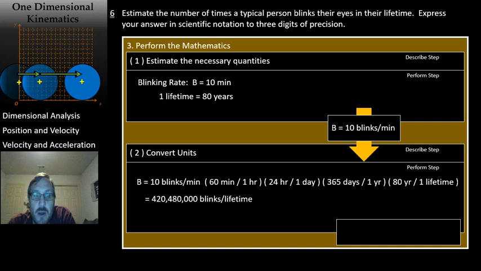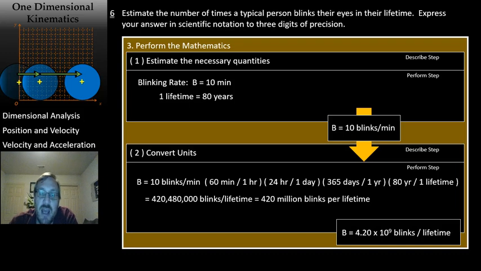Put that all together and we get some really large number of blinks per lifetime, 420 million blinks in your lifetime. You're going to spend a lot of time blinking in your life. And finally, you want to convert that into scientific notation. It should be 10 to the 8 blinks per lifetime.